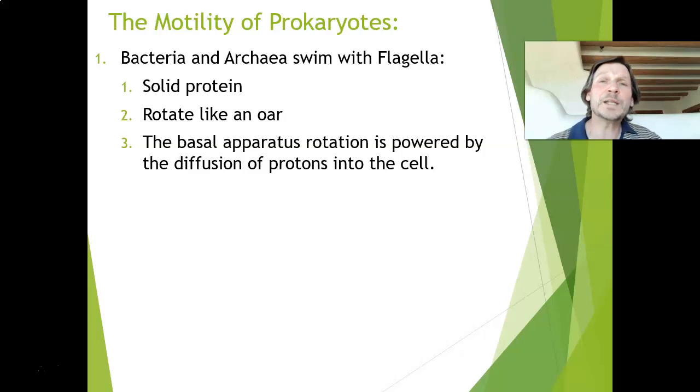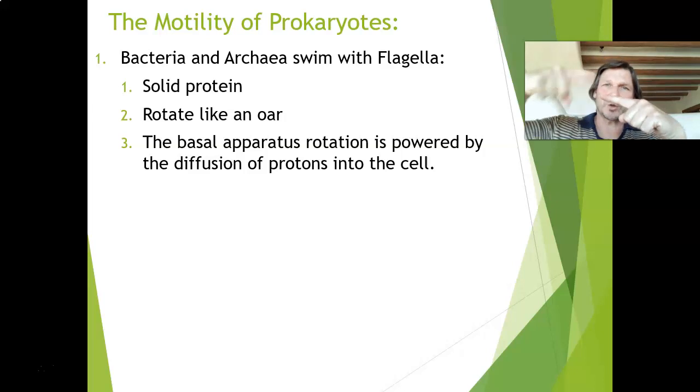They have completely different structures, and they're not derived from a common ancestor, meaning the flagella of a prokaryote didn't turn into the descendant cell, the eukaryote's flagella. And they're very different structures. So a bacteria and archaeal prokaryote have a solid flagellum. It's not flexible, doesn't wiggle like a snake. It rotates at the base.